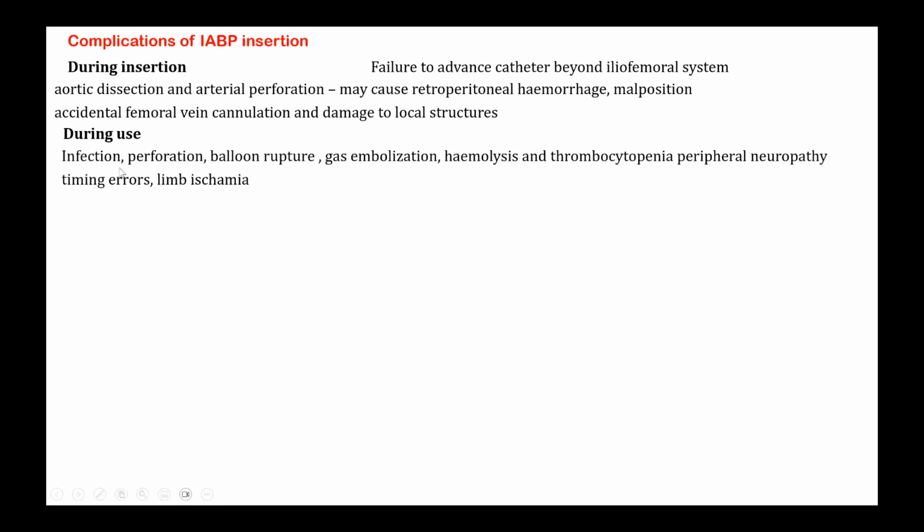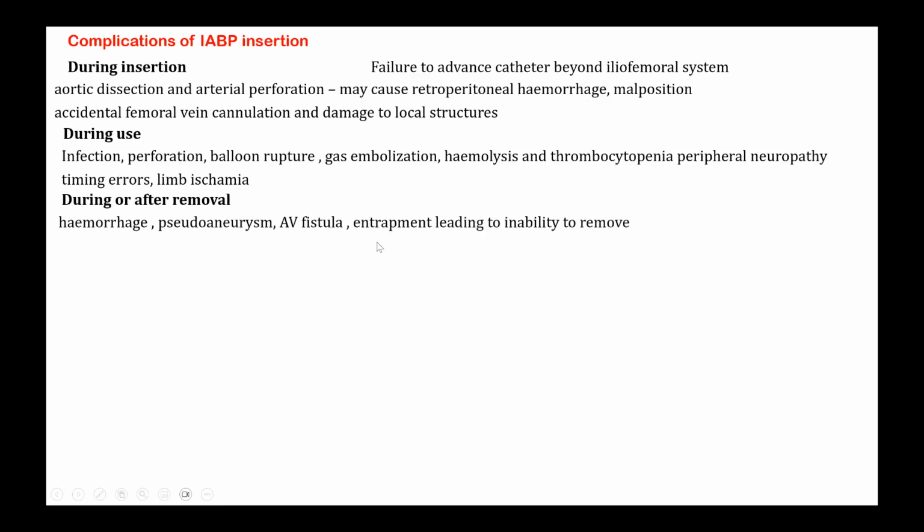During use, it can be infection, perforation, balloon rupture, gas embolus of helium, hemolysis, thrombocytopenia, etc. And during or after removal of the catheter, once the patient is weaned off, it can result in hemorrhage, pseudoaneurysm, AV fistula, entrapment, and inability to remove the catheter. All these complications have been described.